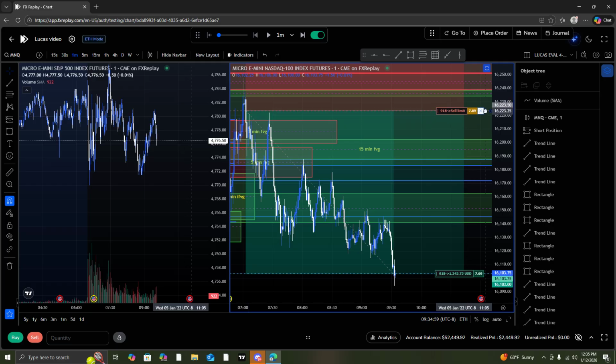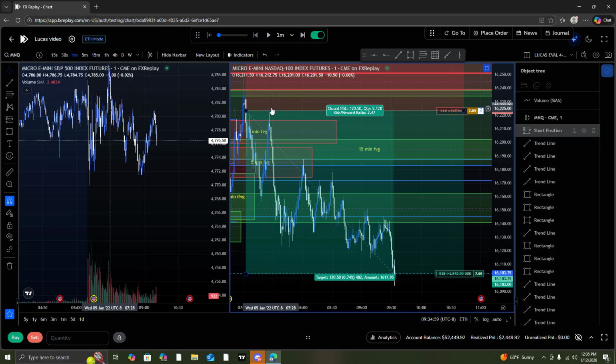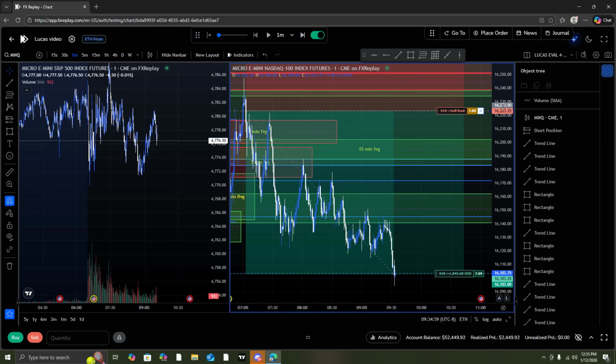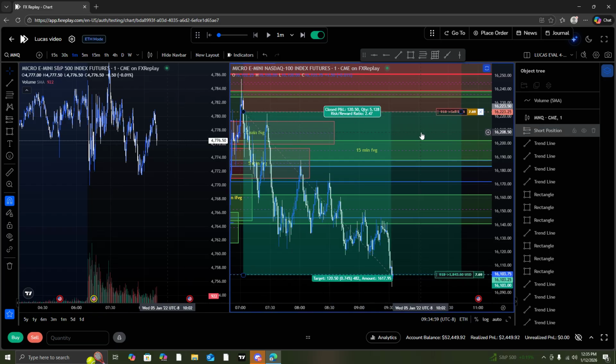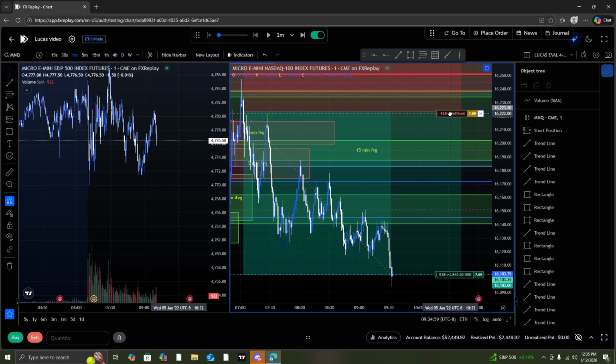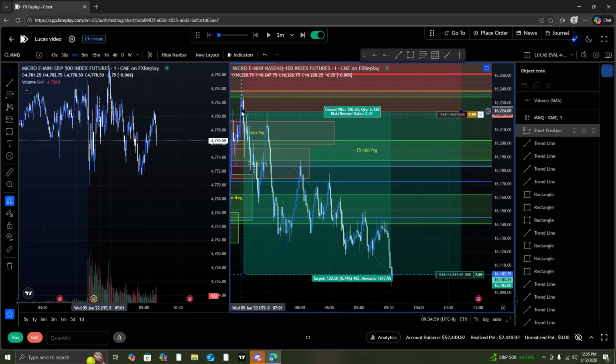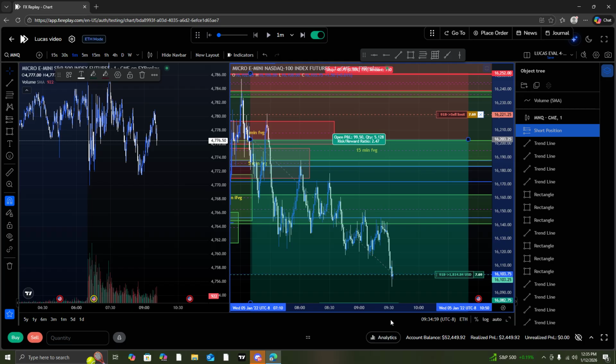We missed it by literally a tick, like 1.5 points. But I should have probably just went right above this to where it sweeps this while also respecting this, and then got ticked in, and then boom.